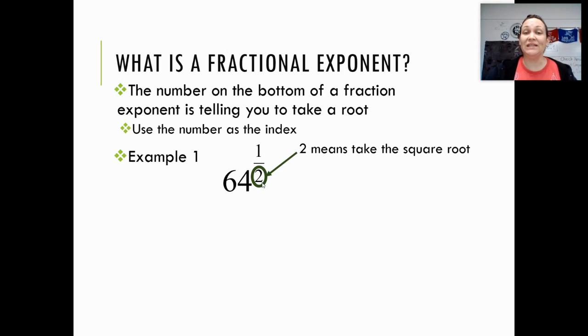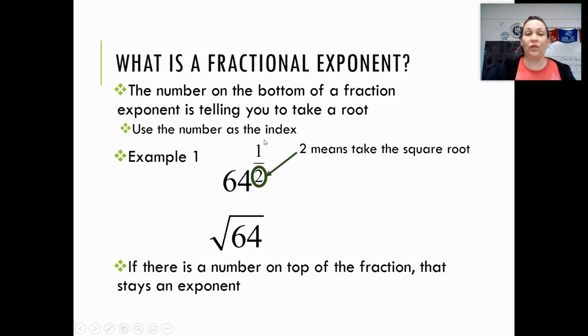The bottom number is the index. So if my denominator is a 2, this is telling me to take a square root, where the index is 2. And so the actual answer to this question is the number 8, because the square root of 64 is 8. Again, the denominator is telling you to take a radical, and it's telling you the very specific type of radical to take.